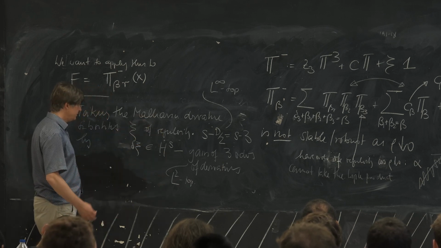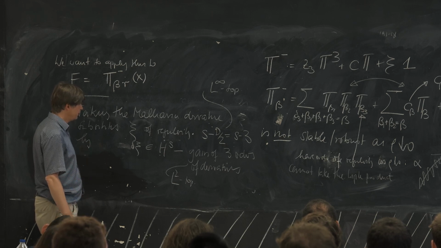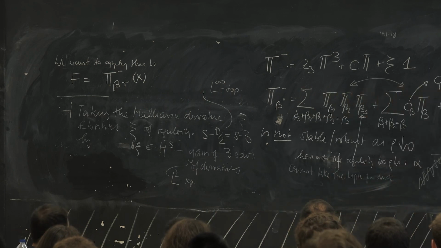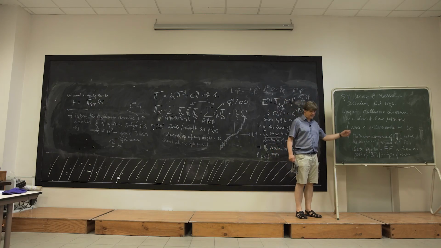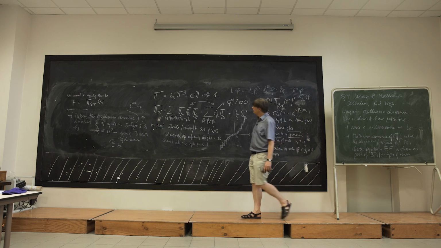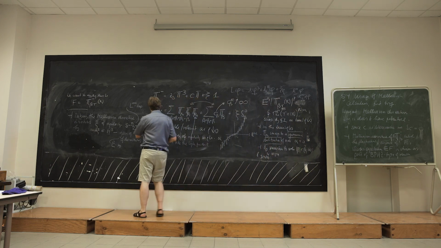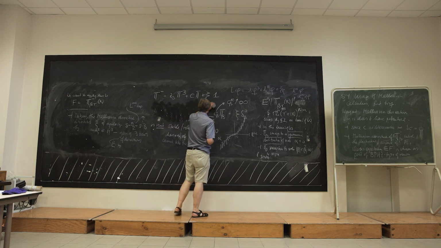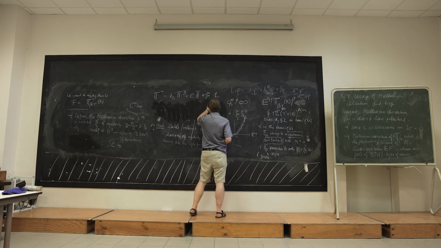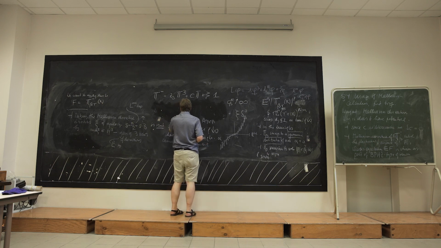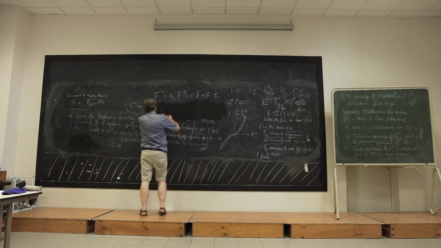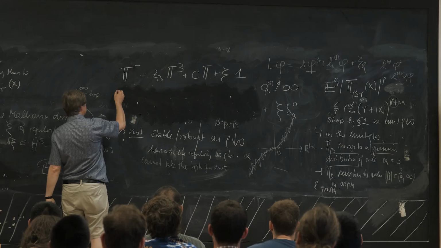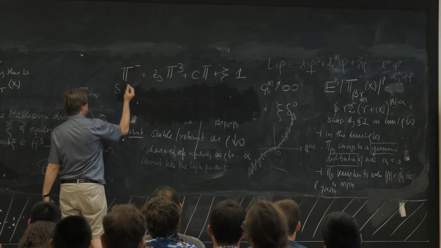That will be a technical difficulty which one can deal with, but there are more serious difficulties here, and the easy one is to see that if you just hit this identity with the directional Malliavin derivative, what do you get?